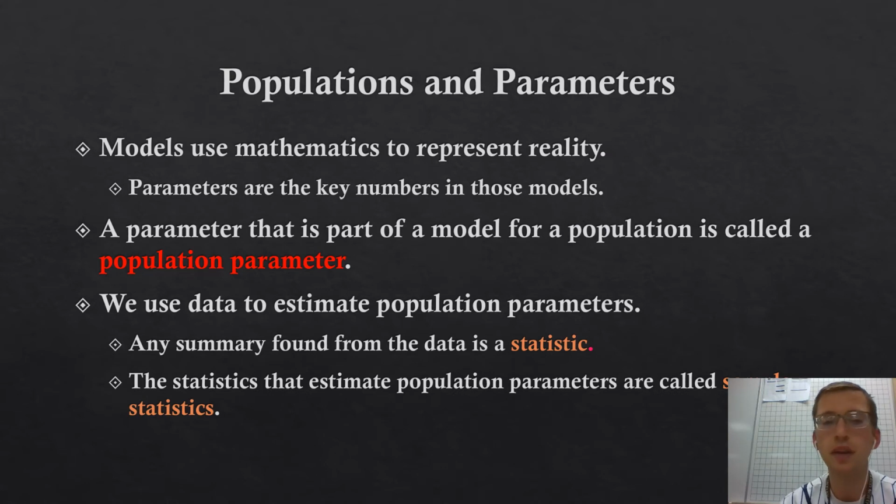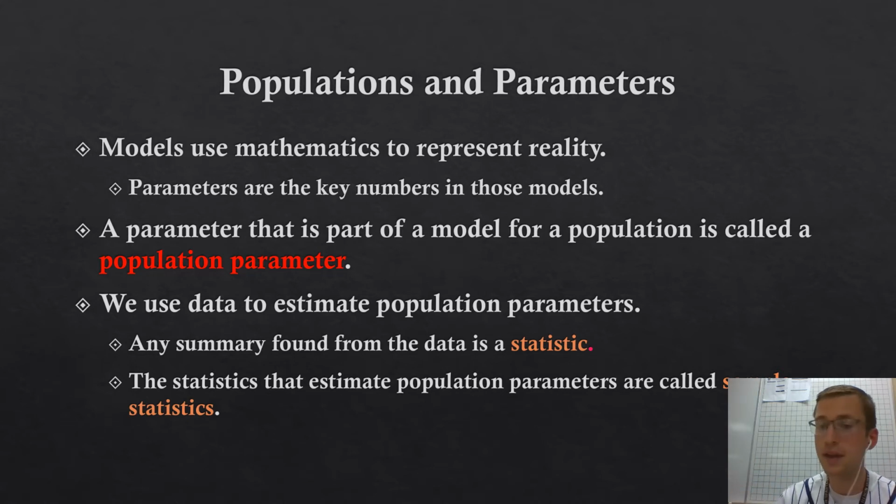Let's talk a little bit about populations and parameters, okay? So first off, a parameter that is part of a model for a population is called a population parameter. So if we took everyone in the United States and found the average age of everyone in the US, that true average age would be considered a parameter because that is a piece of information from our population, okay?